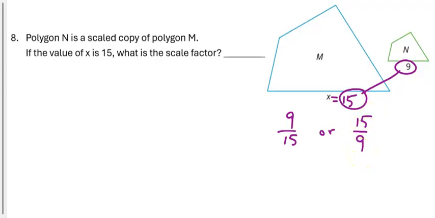And it says that N is the scale copy of M, so M is the bigger shape, N is the smaller shape. So basically I'm moving from left to right, so I'm looking for a scale factor that's going to shrink it, and that would be 9/15 or 3/5.